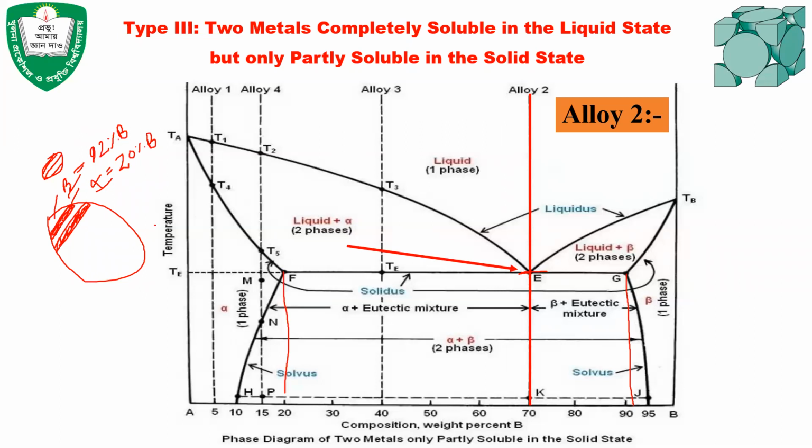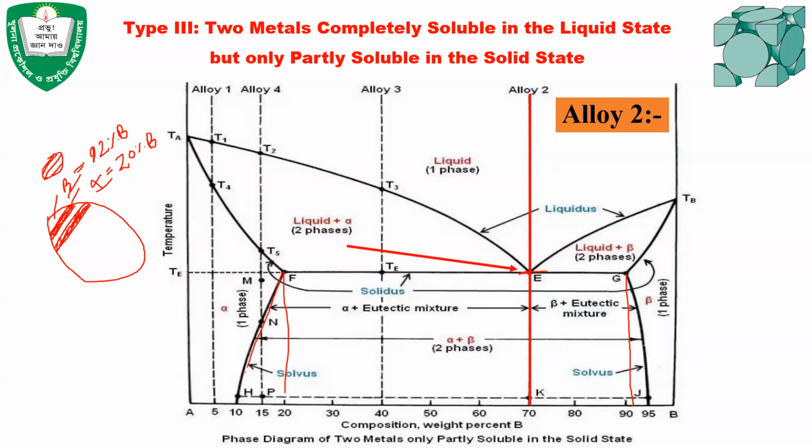Yes, sir. Okay. Now, in the microstructure, that means in the solid, how much alpha is present? What is the percentage of alpha and what is the percentage of beta? To find that out, we have to consider a tie line. In the case of a solid and liquid two-phase region, the tie line runs from solidus line to liquidus line. In this case, it is also a two-phase region, with alpha and beta phases.